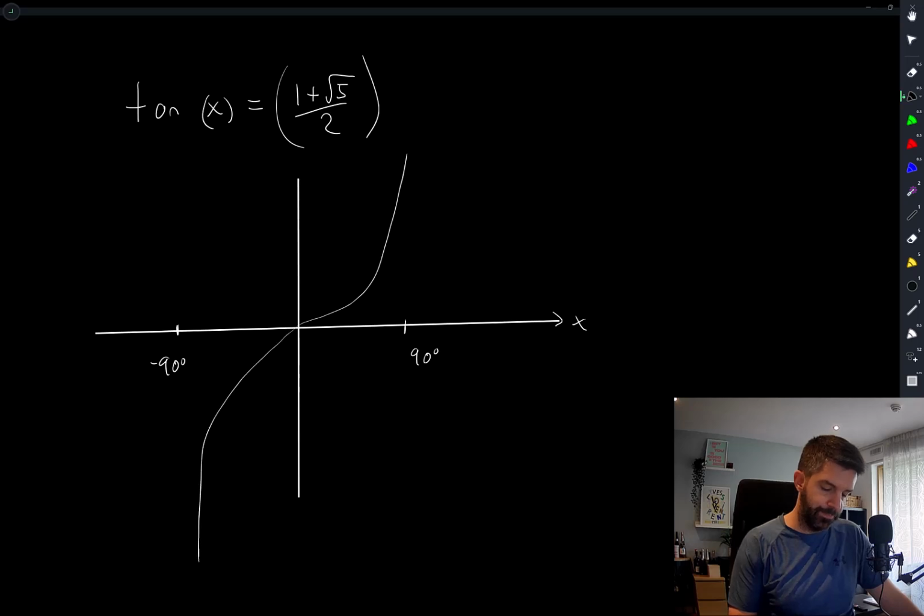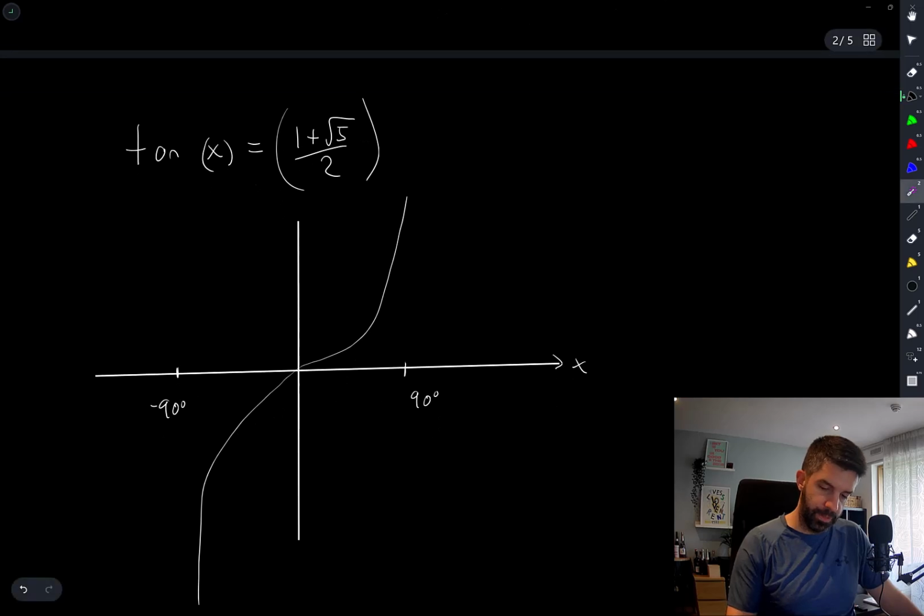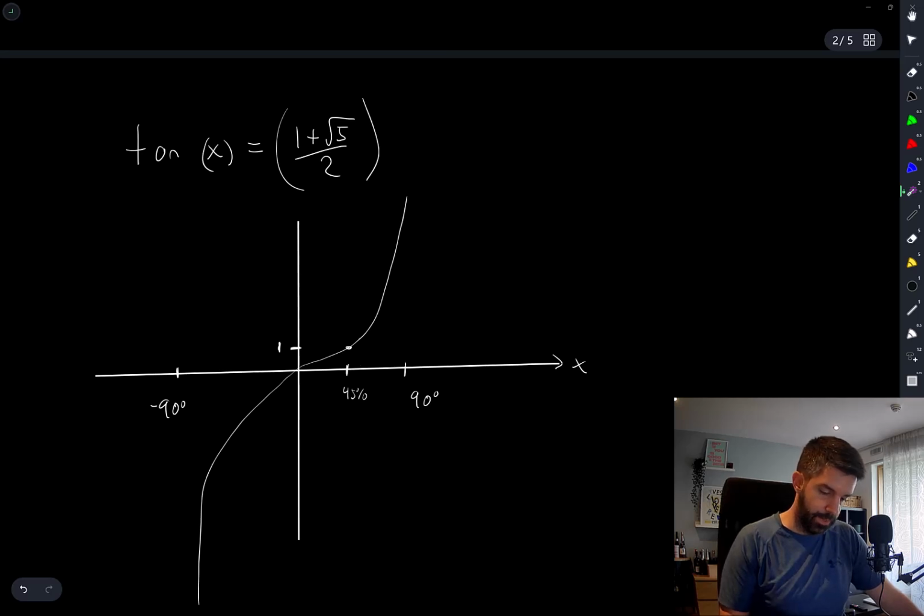At 45 degrees the value is equal to 1. So I think the answer is 1, because there's going to be some value where it passes through the golden ratio.